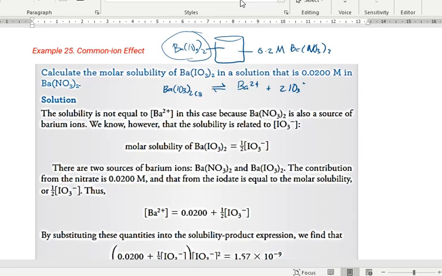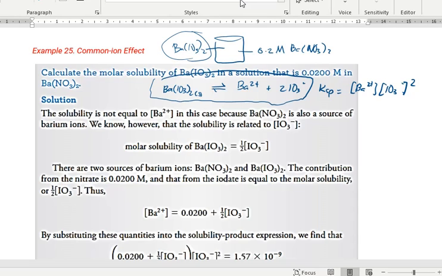Okay? So the Ksp should be barium 2 plus times iodate minus squared.